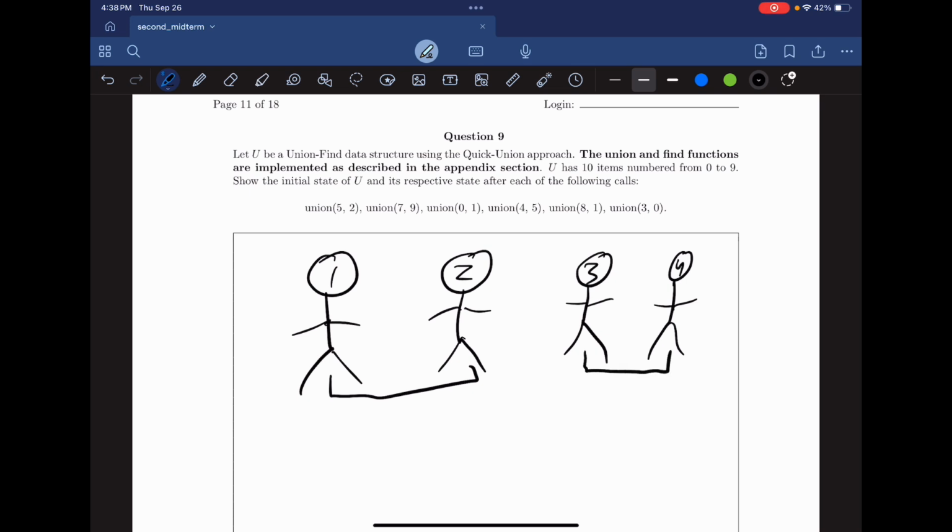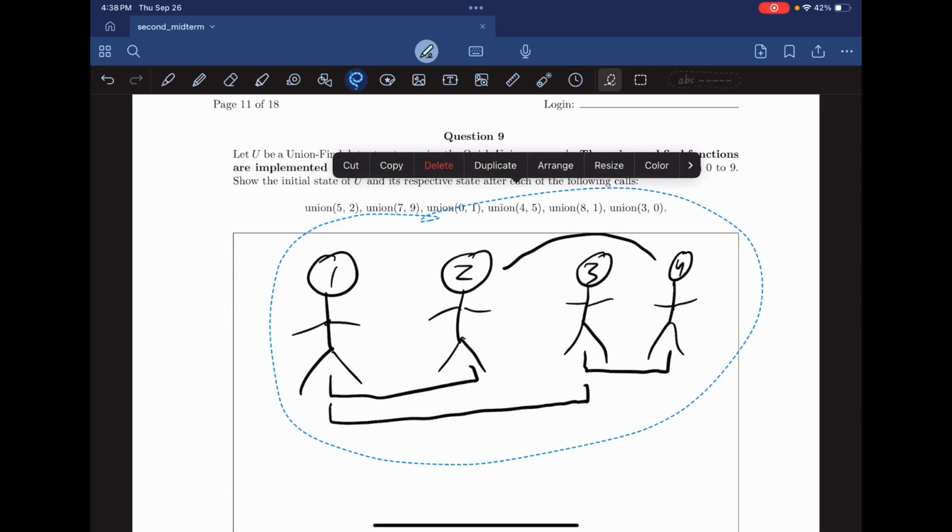We could also say that 1 and 3 are now part of the same group. And if we do that, then the union-find data structure will also know that 2 and 4 are also part of the same group, because 1 and 3 are together, 1 and 2 are together, and 3 and 4 are together. So it's able to figure out that transitive property of the values.